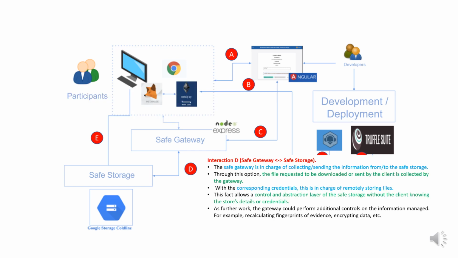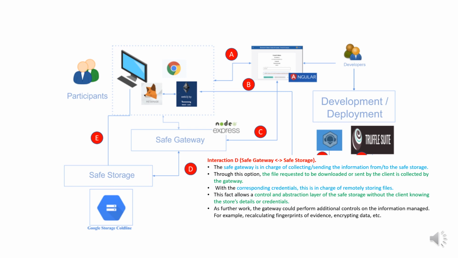For interaction D between the safe gateway and the safe storage. So the safe gateway is in charge of collecting or sending information from or to the safe storage, and through this option, the file requested to be downloaded or sent by the client is collected by the gateway. With the corresponding credentials, this is in charge of remotely storing files.